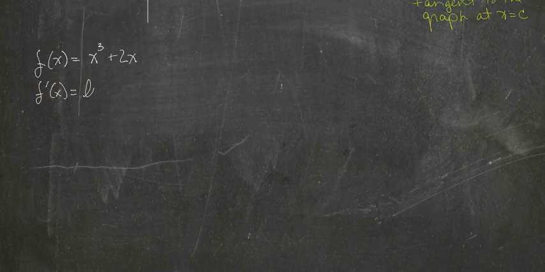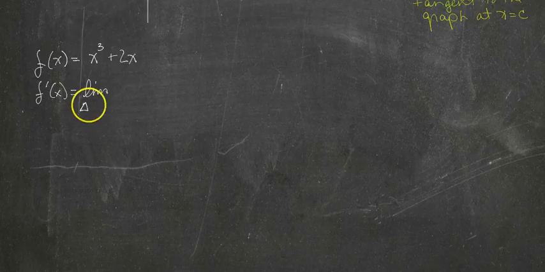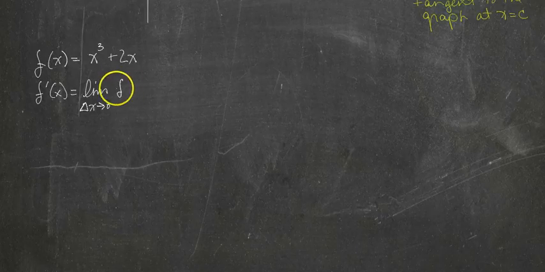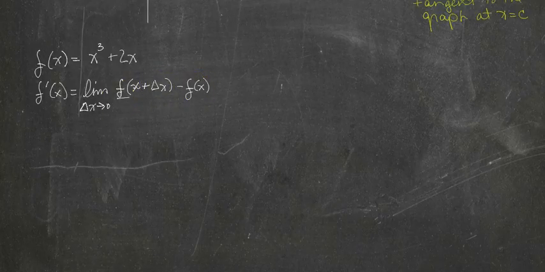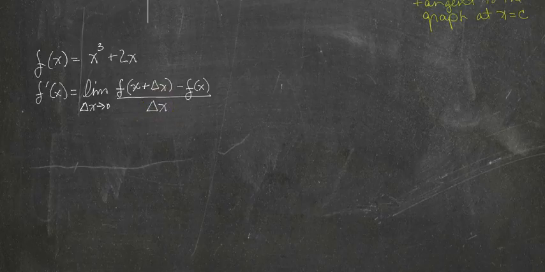equals the limit as delta x approaches 0 of f of x plus delta x minus f of x, right? So this would just be our c value at this point from the formula we worked with before as we derived this formula, over delta x.